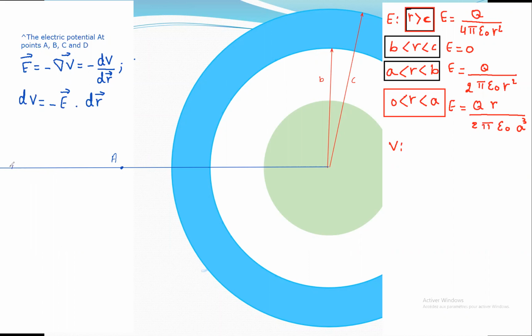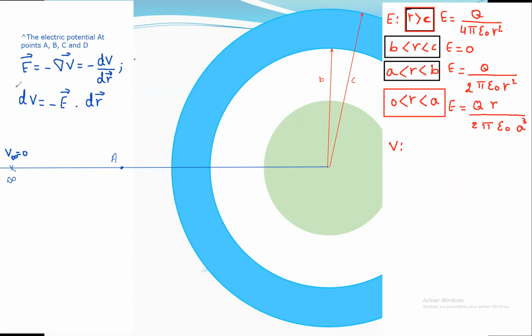Let's take the infinity. Why? Because I know at infinity we don't have a potential. So it's a known value. V infinity equals to 0. So it's easy to calculate V at A.